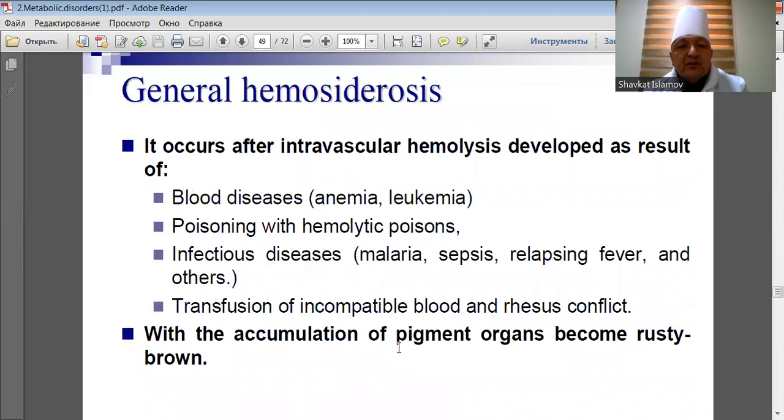General hemosiderosis. It occurs after intravascular hemolysis in blood disease, poisoning with hemolytic poisons, infectious disease, transfusion of incompatible blood. With the accumulation of pigment, organs become rusty brown.